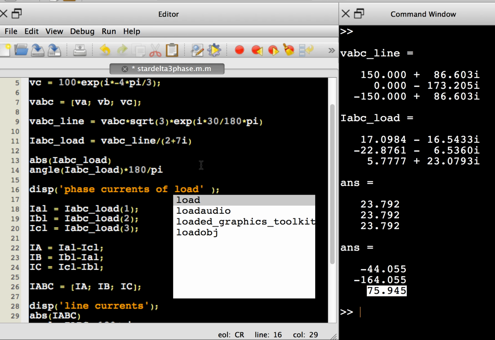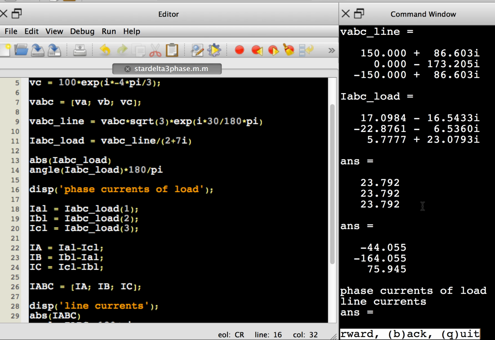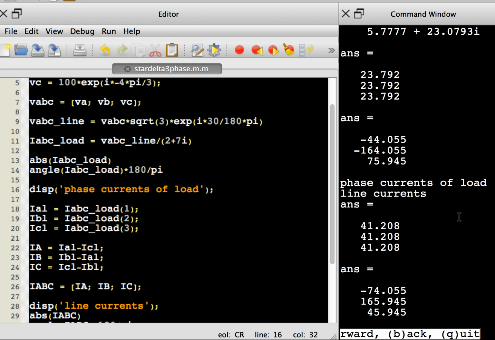So using simple KCL, we are able to calculate this. Let's run this code and see. Here is the output. 23.79, 23.79, 23.79, these are all load phase currents. These are all line currents.